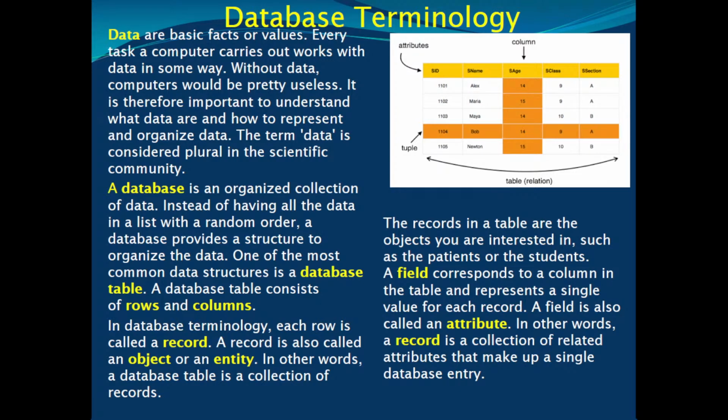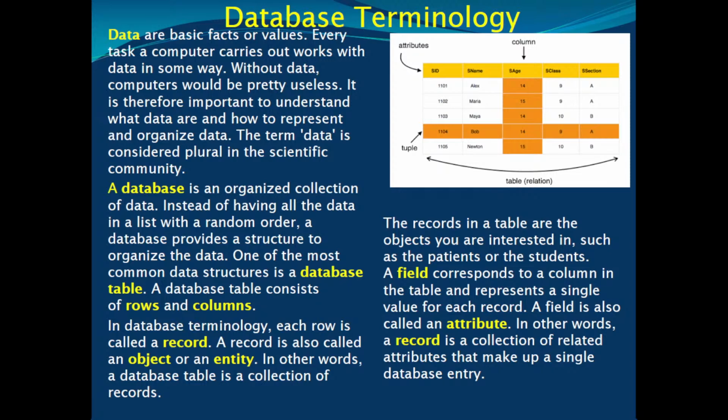In other words, a database table is a collection of records, and a record is all the information about one object or one person. The records in a table are the objects you are interested in, such as patients or students.